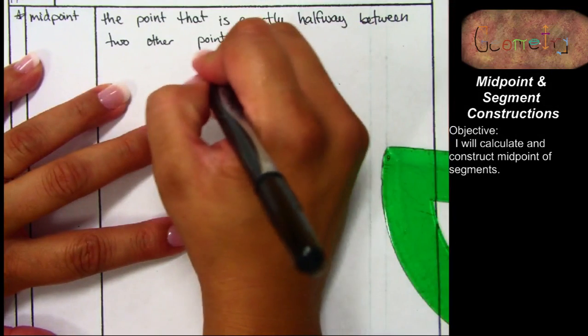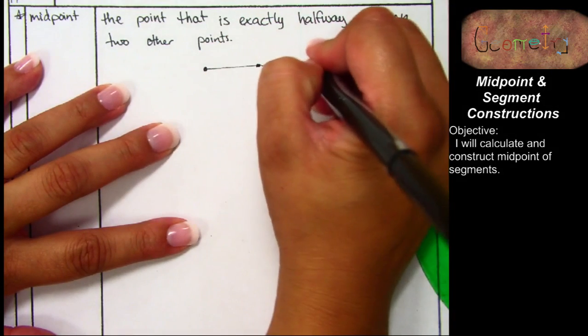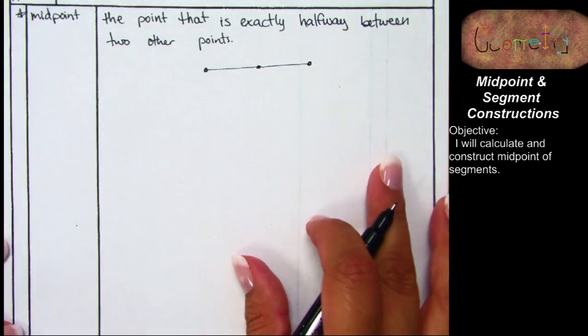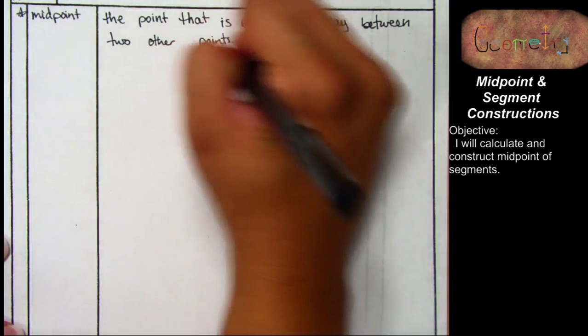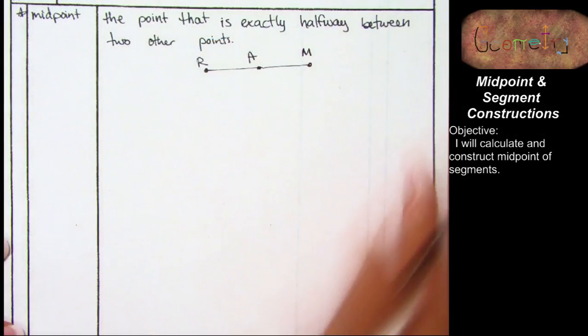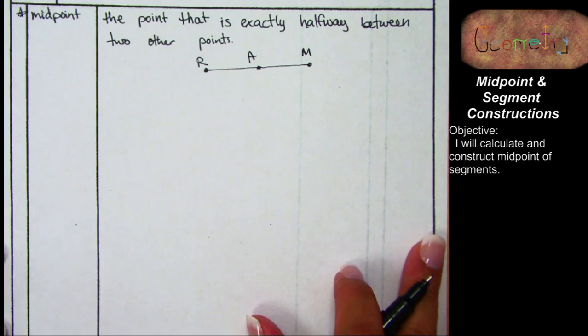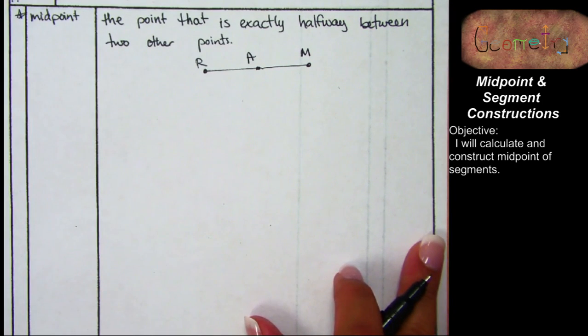All right, so we're going to draw line segments. I need the names for these 3 points. And save those points because I will need them again later.